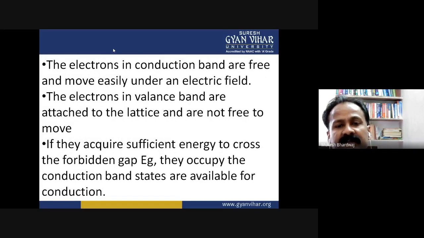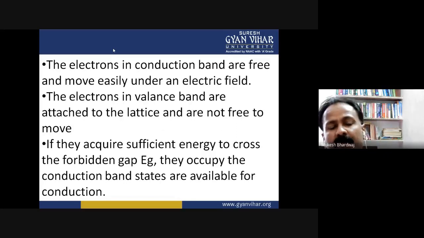The electrons in the valence band are attached to the lattice and are not free to move. If they acquire sufficient energy to cross the forbidden energy gap, they occupy the conduction band and states are available for conduction.